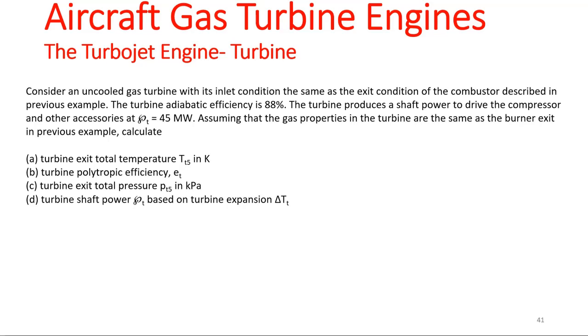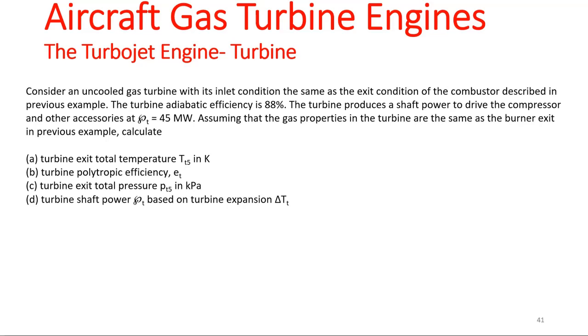The example is telling us to consider an uncooled gas turbine with its inlet condition the same as the exit condition of the combustor described in the previous example, which, if you recall, the temperature was 1390 Kelvin. If you go back to the example we solved, this is the temperature you should have. The turbine adiabatic efficiency is 88%.